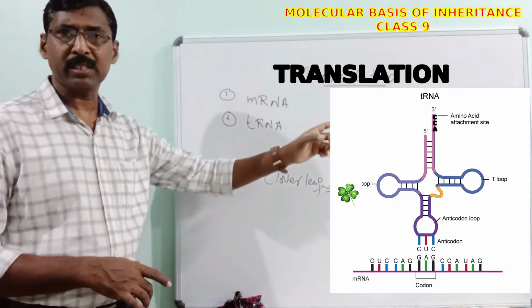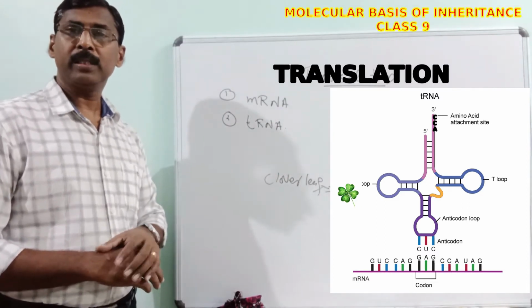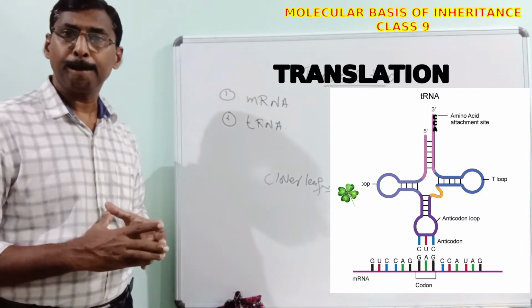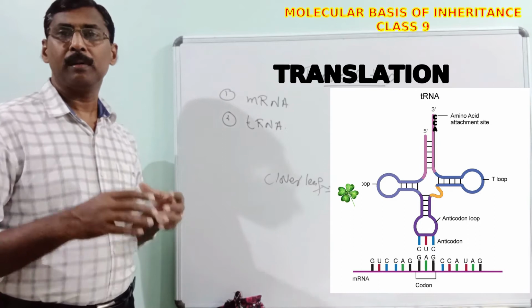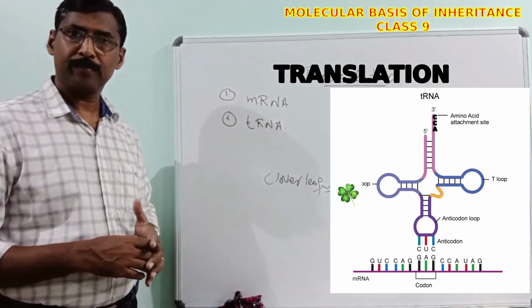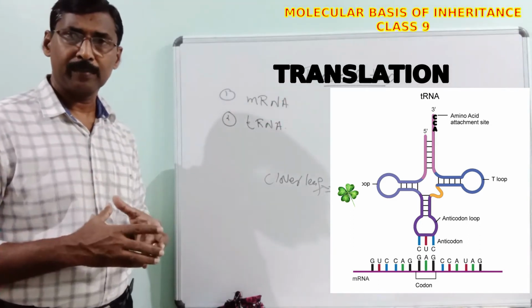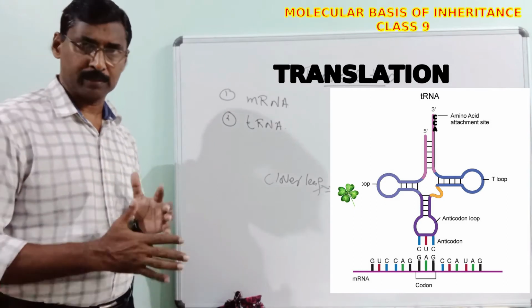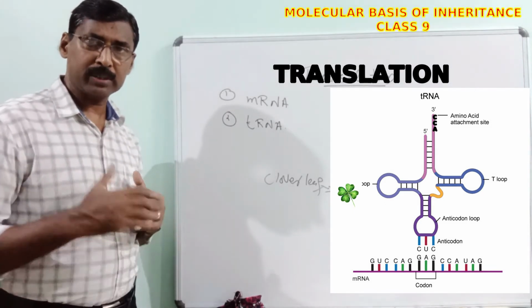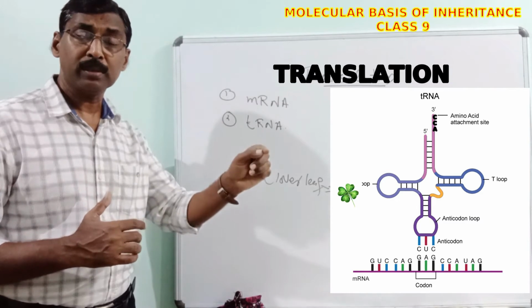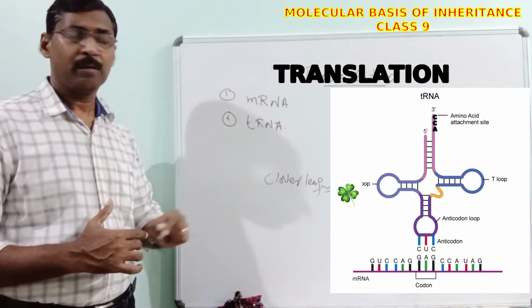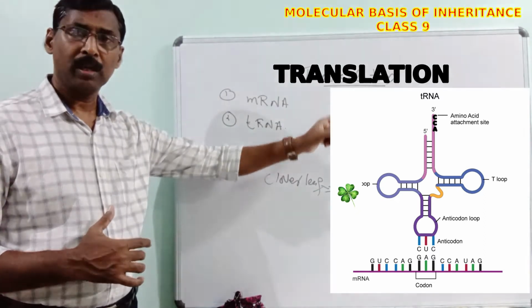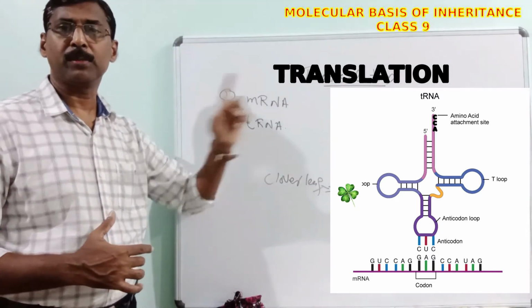That arm with the terminal sequence CCA is the amino acid acceptor arm. It is called so because amino acids are bound to this arm. A transfer RNA carries amino acids from the cytoplasm to the site of protein synthesis with the help of this amino acid acceptor arm.